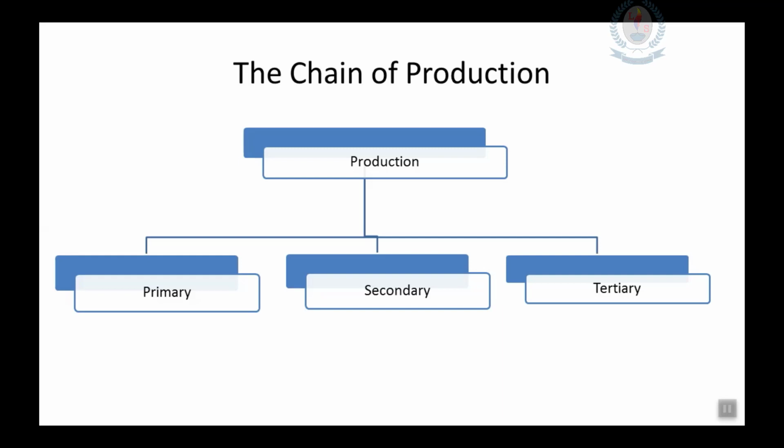The secondary means the second stage of production, where primary stage things turn into finished goods. Tertiary sector means the third stage of production, which involves the provision of services.